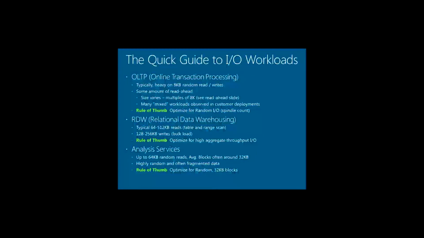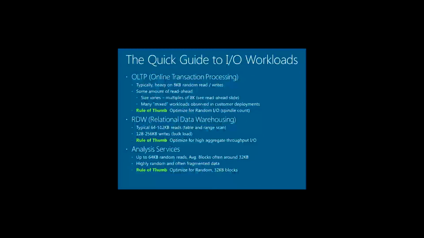So the rule of thumb is that you want to optimize for high aggregate throughput I/O, which is what we just went through in that example, as opposed to online transaction processing where you're optimizing for random I/O and for I/Os per second. So you're optimizing in the OLTP case for how many individual storage operations can you do per second versus how many bytes can you flush through the system end to end.